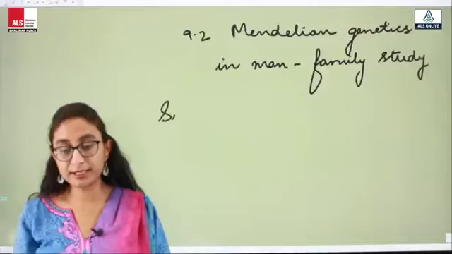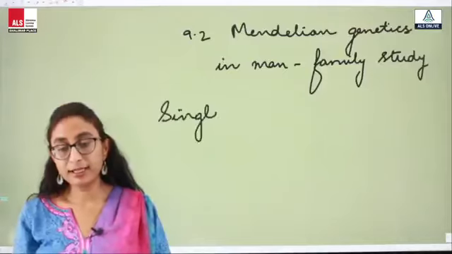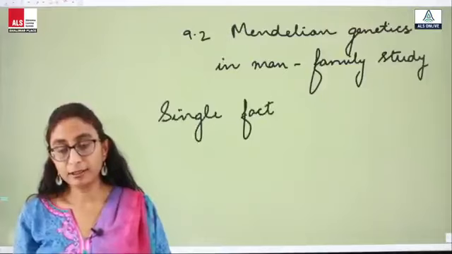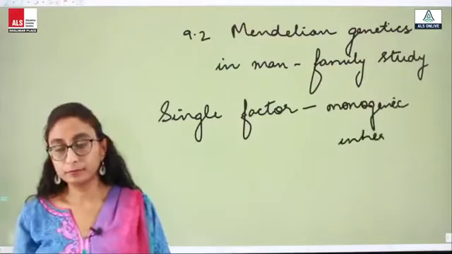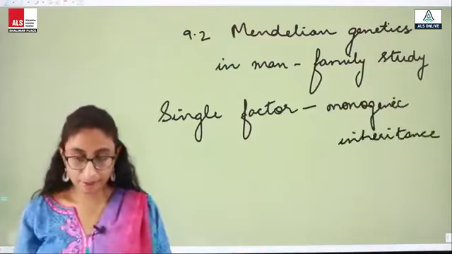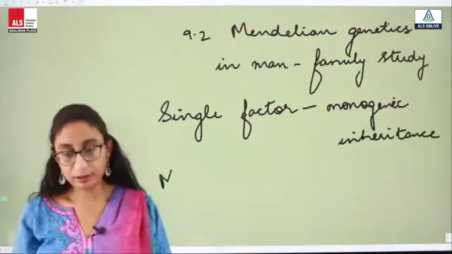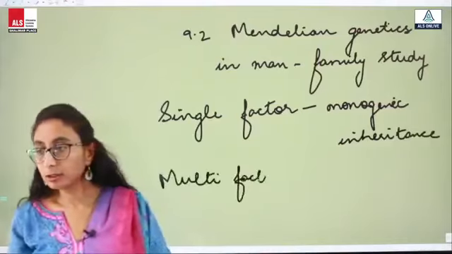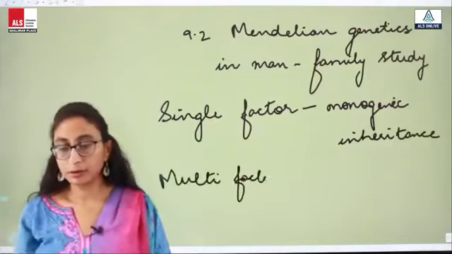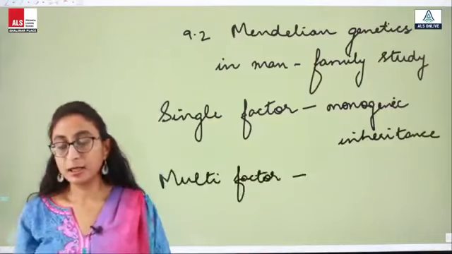Monogenic inheritance. When we say single factor, we refer to monogenic inheritance. And when we say multi-factor, it is polygenic inheritance.